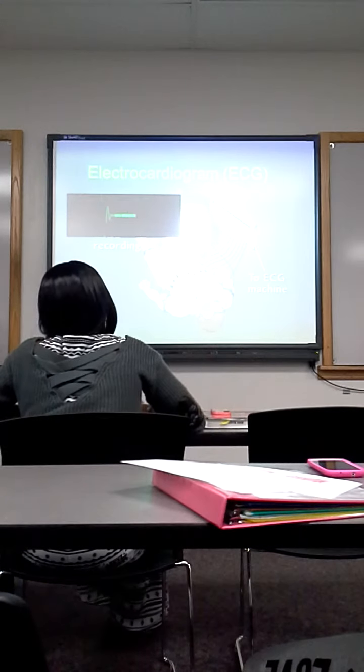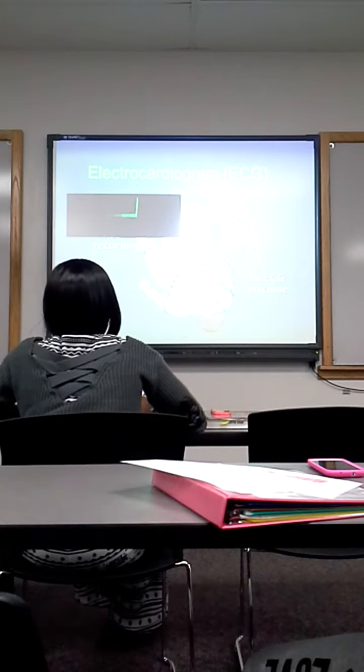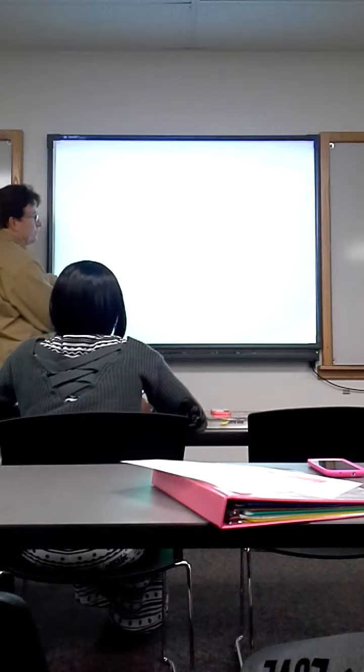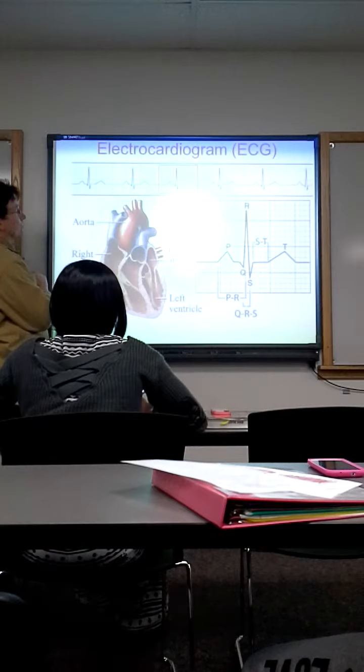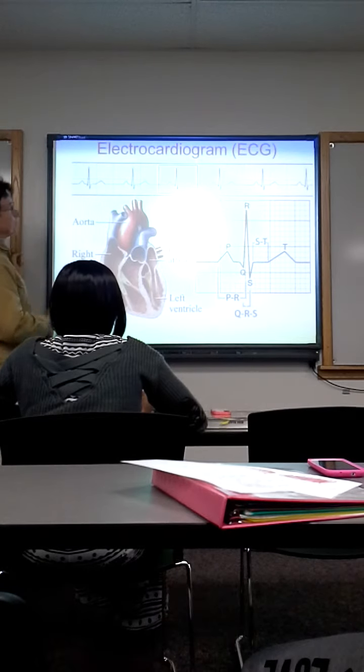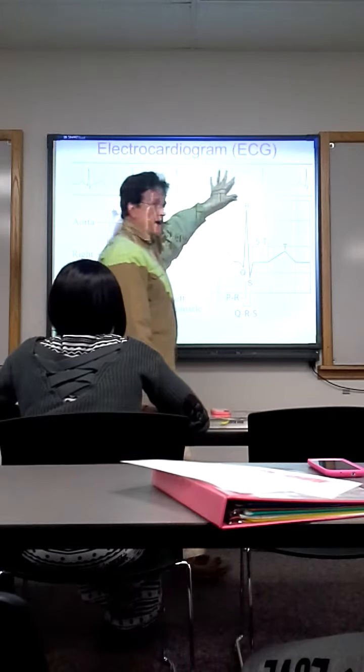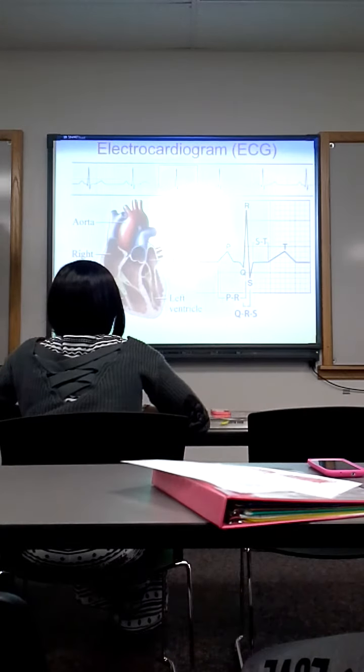The electrocardiogram then allows us to see the electrical activity of the heart at the surface of the body. And if you take an electrocardiogram, this is a normal reading. This is a series of action potentials occurring throughout the heart.